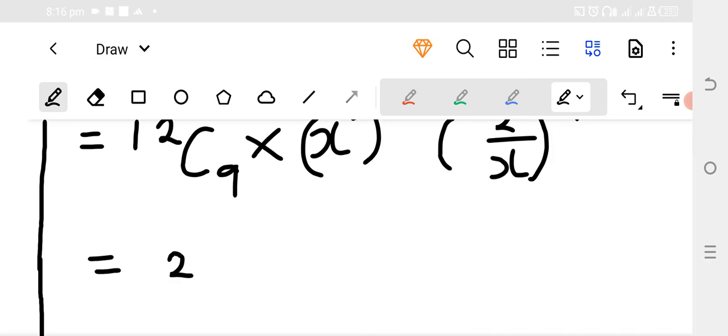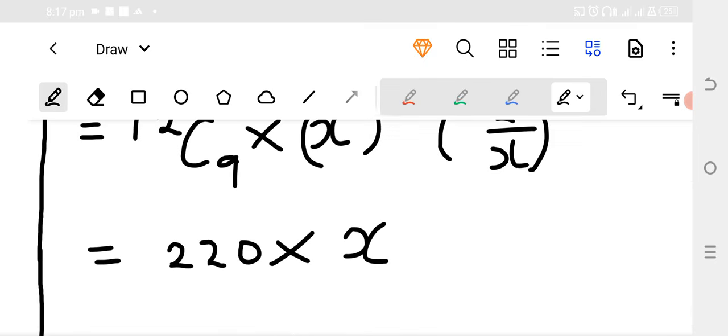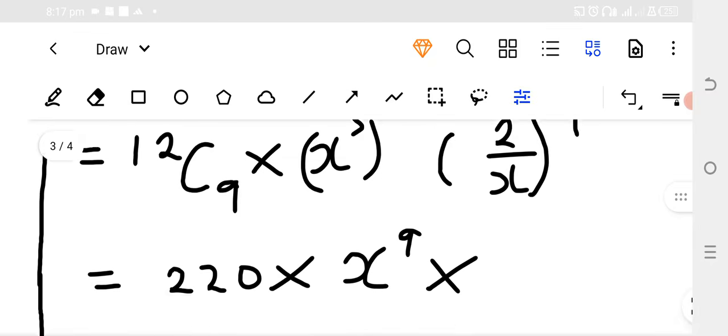220 times x here. Since we're going to have the power 3, and then 12 minus 9 is a 3, 3 power 3 is a 9. So I'm going to have x to the power 9 times 2 to the power 9.